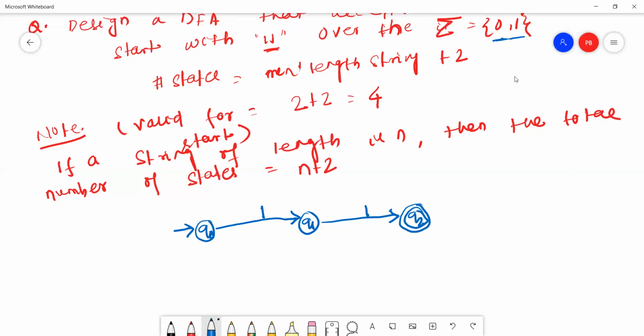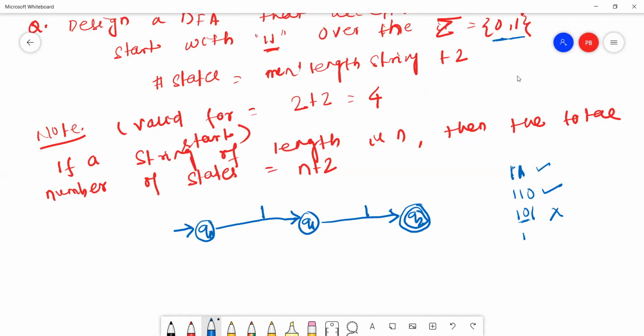Remember, we design a DFA for strings that start with 1 1, which means every string must start with 1 1. Suppose 1 1 0, it is a valid string. If it is 1 0 1, this string does not start with 1 1, so it is invalid.